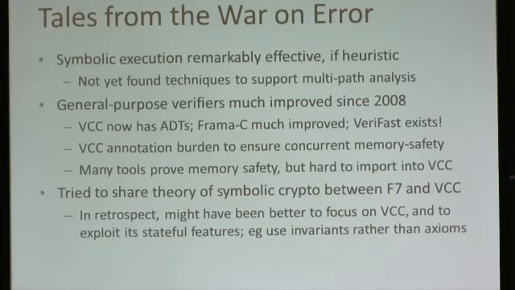I keep saying this to various people, but there are a number of tools that can prove things like memory safety automatically of C code, but it seems very hard to take the output of those tools and feed it into things like VCC. Already I was taking the output of Coq and importing it as axioms into VCC, meaning that I had much less work to do in VCC. I could do the mathematical development in an environment that was well designed for it. I'd like to do the same thing with memory safety.